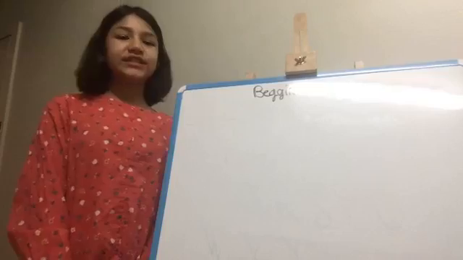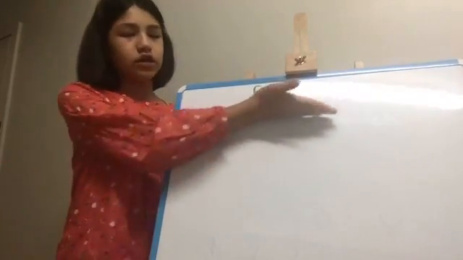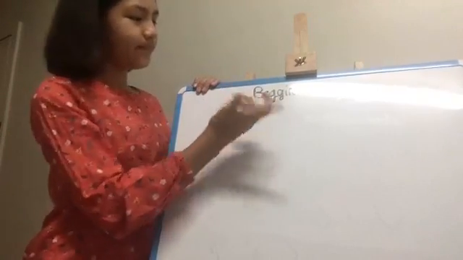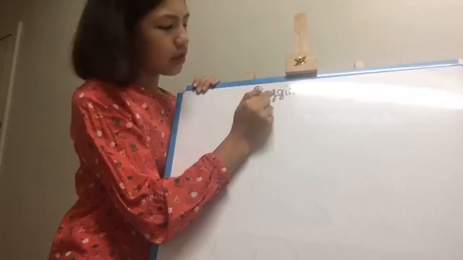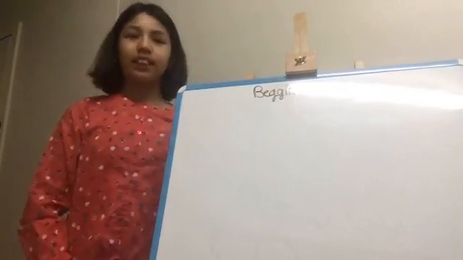So, as you can see, this is a beginner's class. The word beginners has 1, 2, 3, 4, 5, 6, 7, 8, 9 letters.